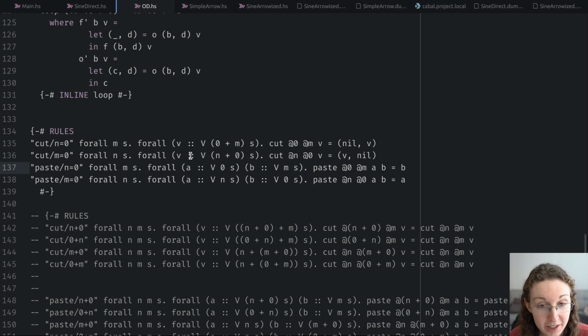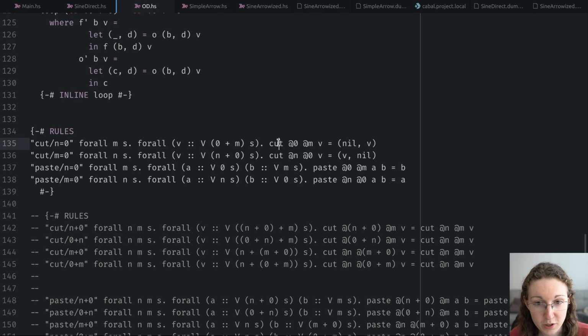But what's happening here is that we're saying in any cut expression where we have some vector and the type of that vector is 0 plus m. Okay, this is the v argument.